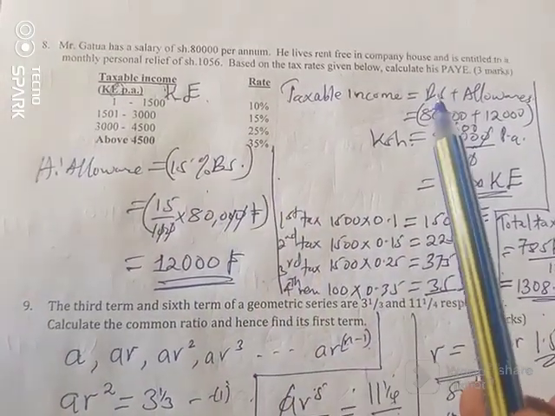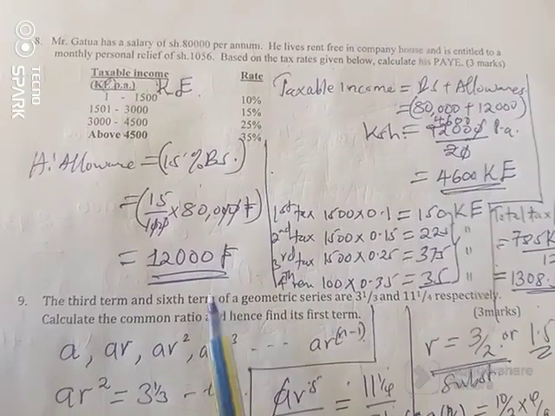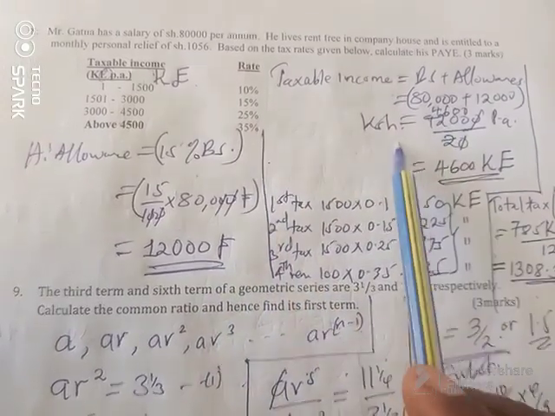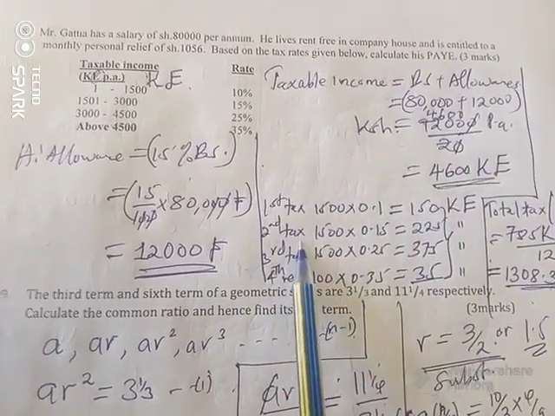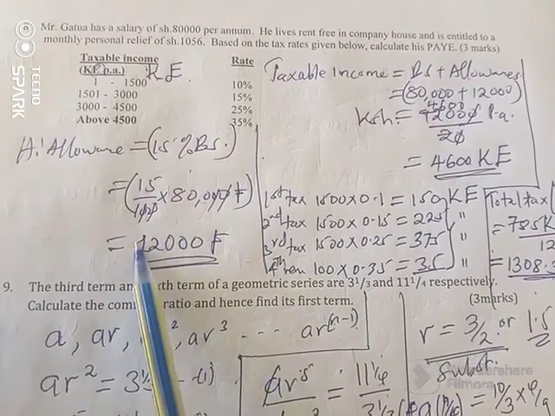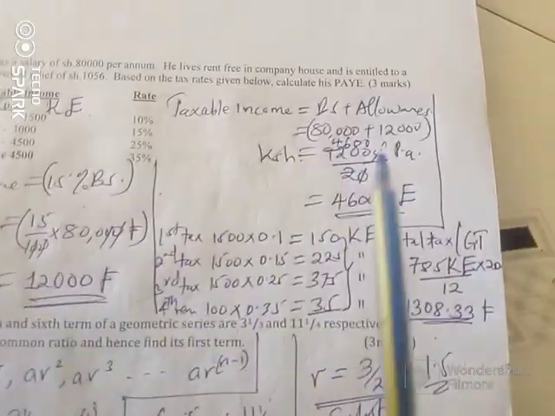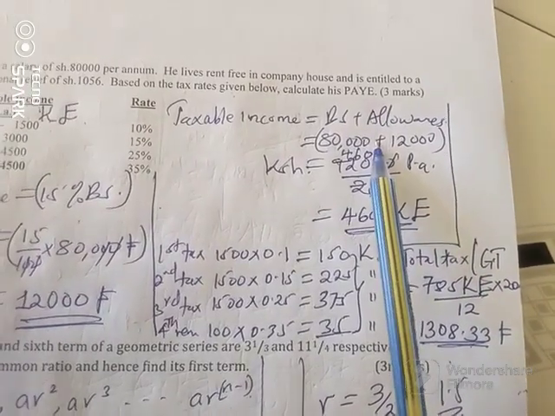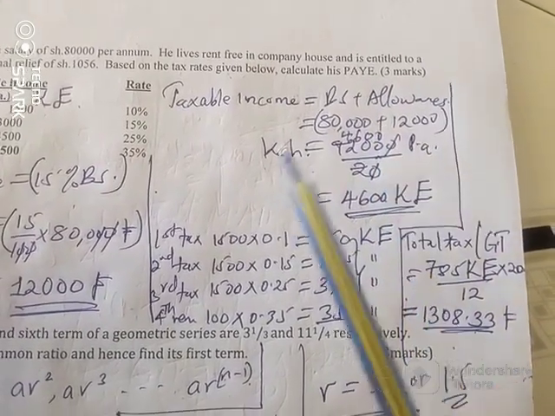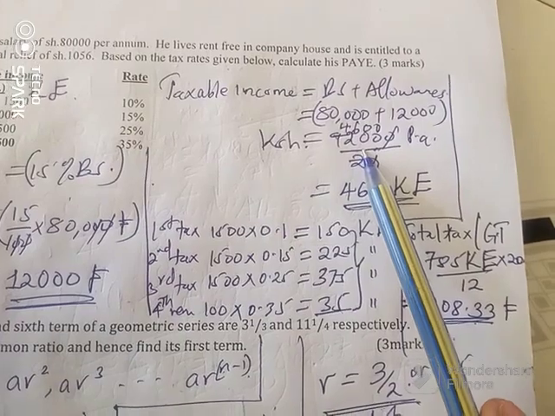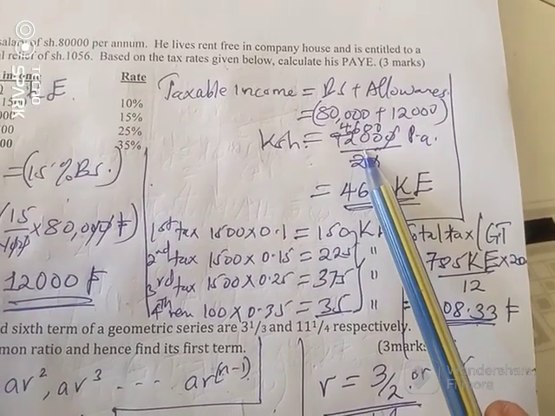If you are paying some little nominal rent, you would minus it, but he's living free. So house allowance is being given. The value of that house in a year is 12,000. So adding it up with the basic salary, then his total earning per year becomes 92,000 shillings.